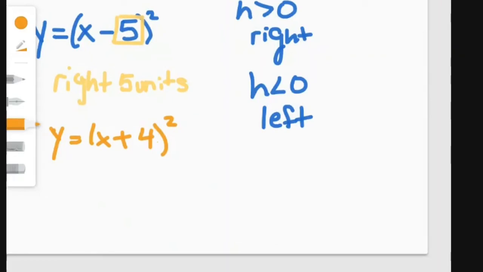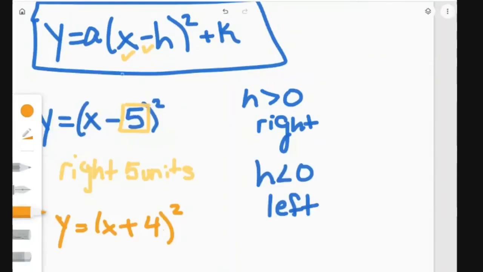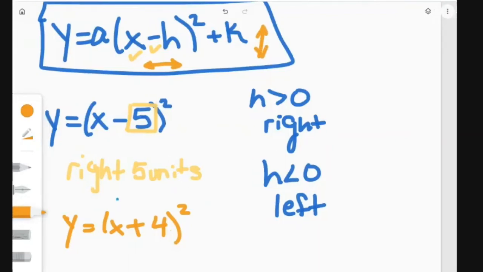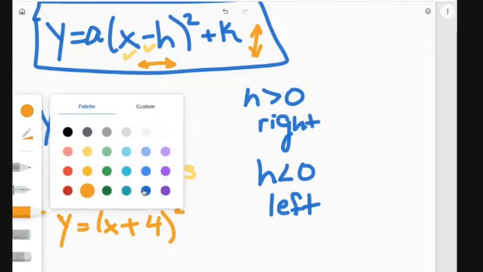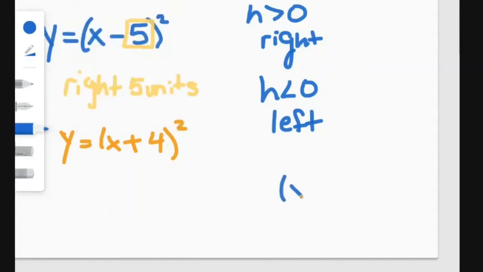Now if I have y equals x plus, let's say 4, squared. It's inside the parentheses, so this is going to show us a left or right shift. In parentheses, you either go left or right. Outside parentheses is up or down. Since it is now a plus sign, we think, oh, it's positive. It's not positive. The original form was x minus h.